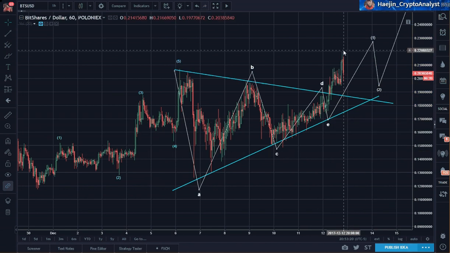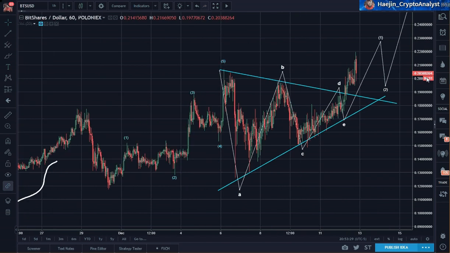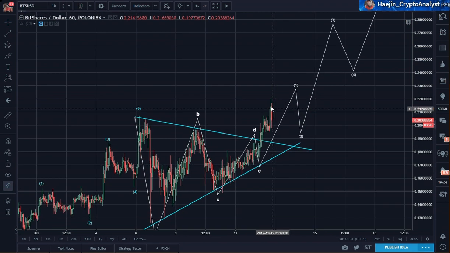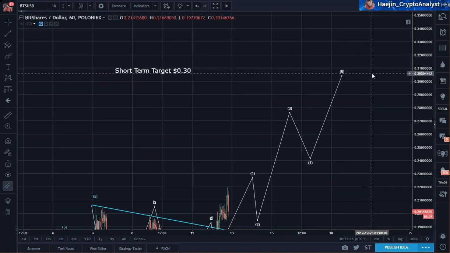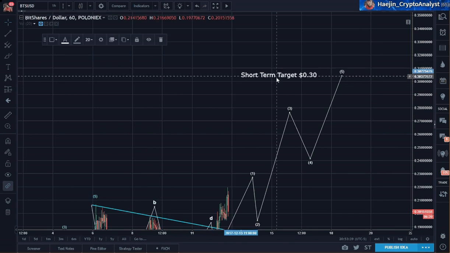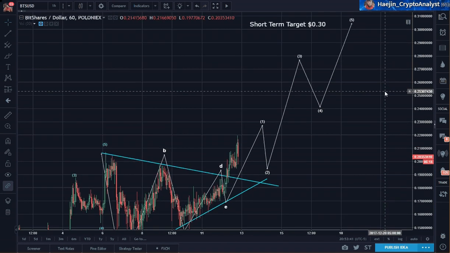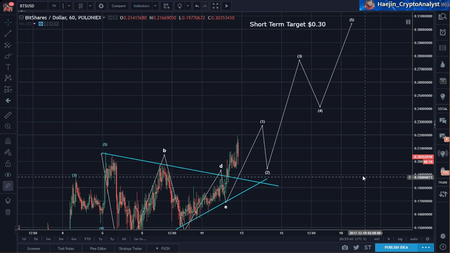Look how we broke out of this. Went as high as 22. So it hit my minimum of 21 from about two weeks ago maybe. And ladies and gentlemen, this isn't going to stop here. We're going to go see 30 cents or so. That's my short-term target. Right there. So I just wanted to share that.